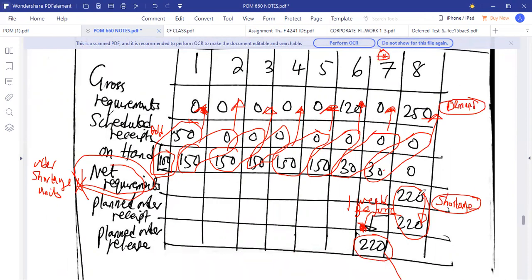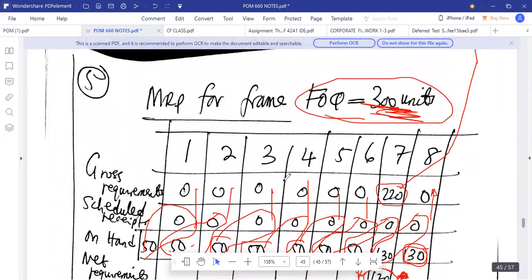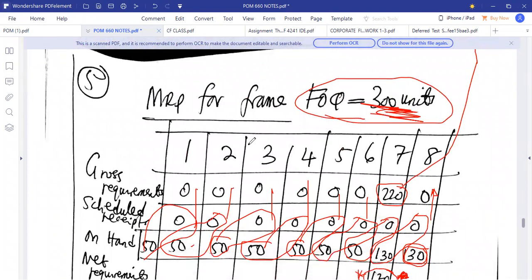That is it for the bicycle. Now, when you go for the fixed order quantity for the frame, you are ordering regardless of the shortage. So even if customers need 20 units, our fixed ordering policy is 300 units. You are ordering from your suppliers regardless of the units demanded. That's what you are doing.